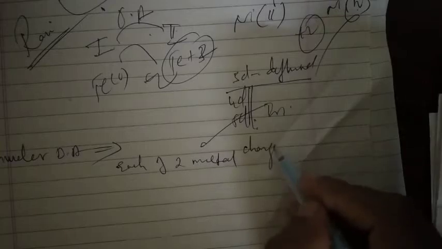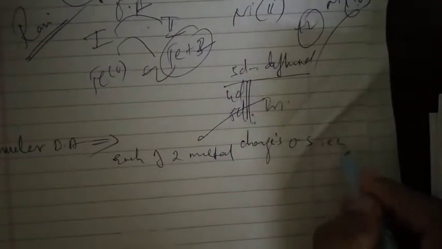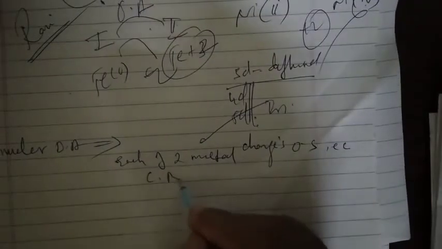Each of the two metals changes its oxidation state, electron count and coordination number by 1 unit. So they are sharing here.